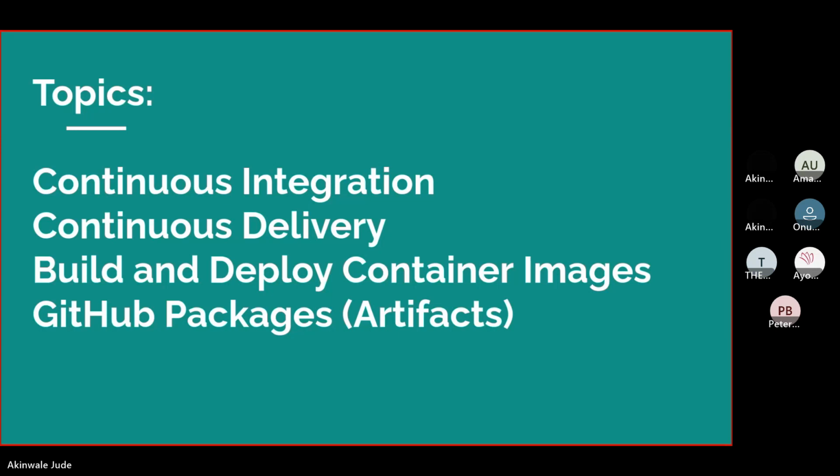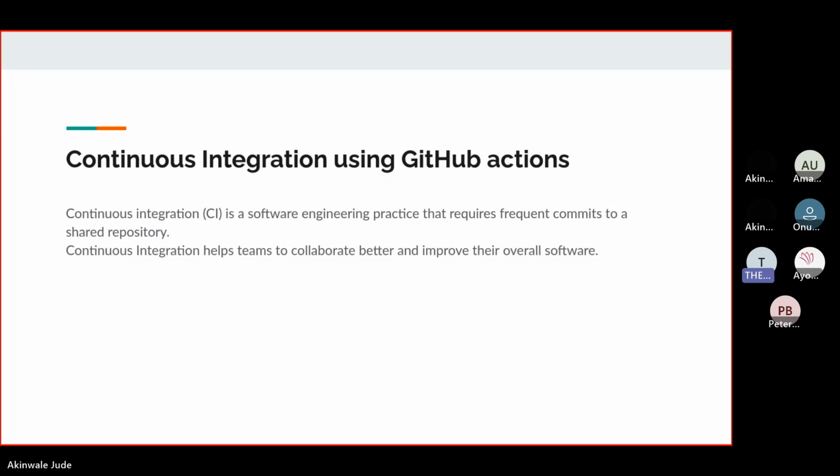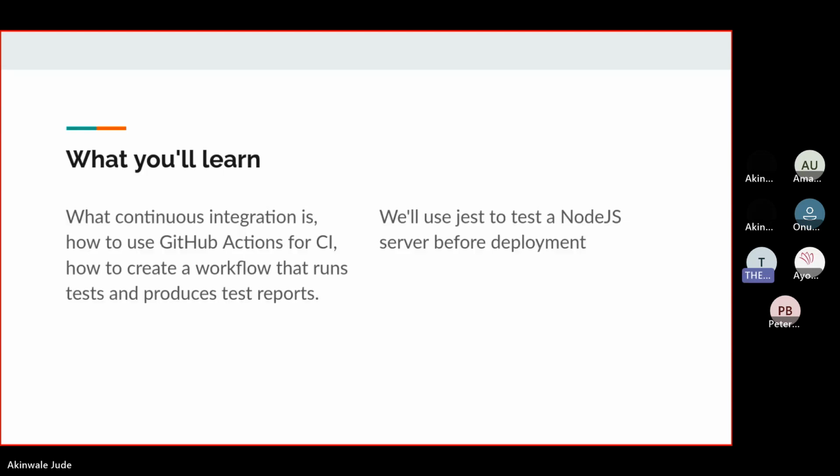No problem. So we'll start with continuous integration. Continuous integration is a software engineering practice that requires frequent commits to a shared repository. It helps teams collaborate better and improve their overall software. What you will learn as part of that is how to use GitHub Actions for continuous integration, and how to create a workflow file that runs tests and produces test reports.